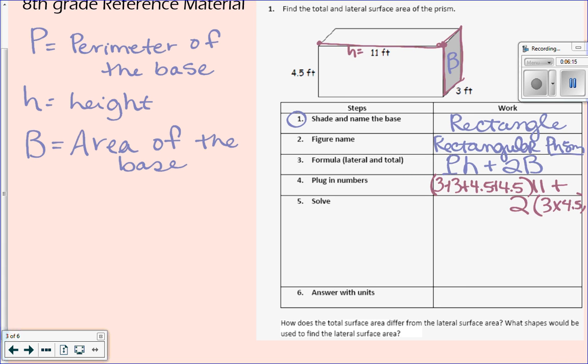Okay, so in your calculator, the perimeter is 15 times 11, and then 2 times 13.5.